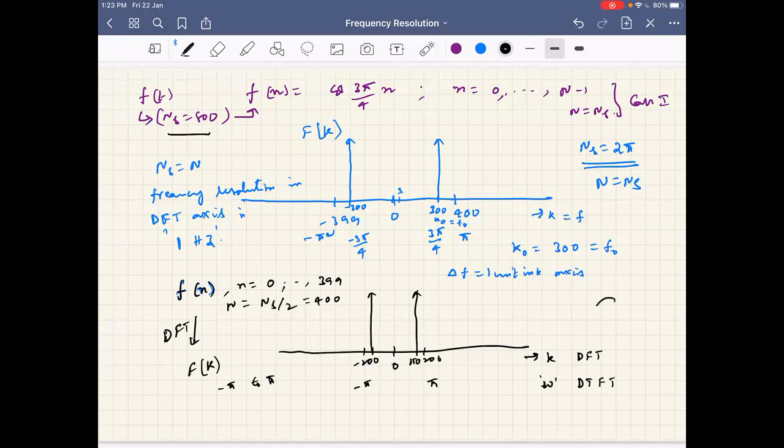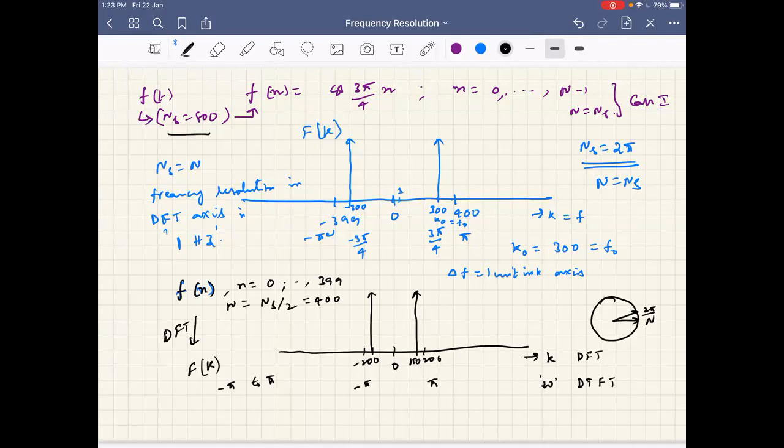How have I sampled? It is sampled such that the sampling is 2 pi by N. 2 pi is the total range that I'm covering, and I am sampling with a sample spacing of 2 pi by N. So I am taking a sample for each 1 by N gap. That's how I got these samples.